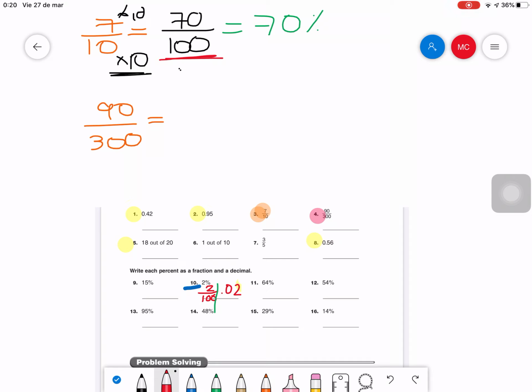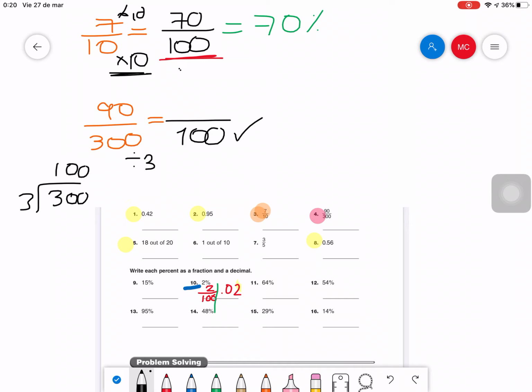So I don't need to multiply 300 by another number to make it 100. I need to divide it in order to make it equivalent. So, 300 divided by what gives me 100? By 3. So 300 divided by 3, of course, gives me 100.